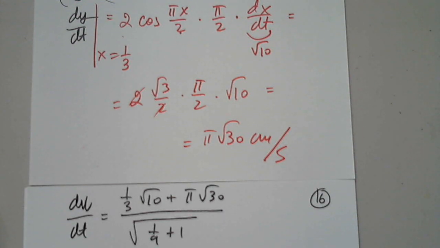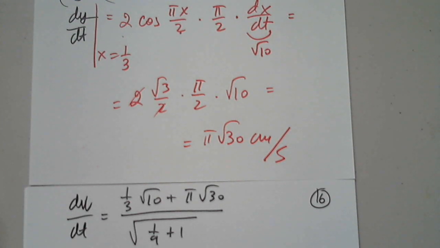Where is my shared screen? Okay. Be very careful. Numerators and denominators have to have parentheses. So parentheses, the square root of 10. Make sure you are completely out. Divide that by 3. And then plus pi, and multiply that by the square root of 30. And then completely out.